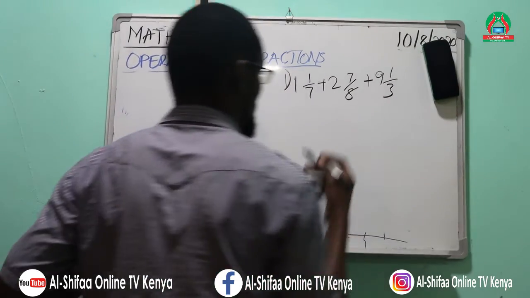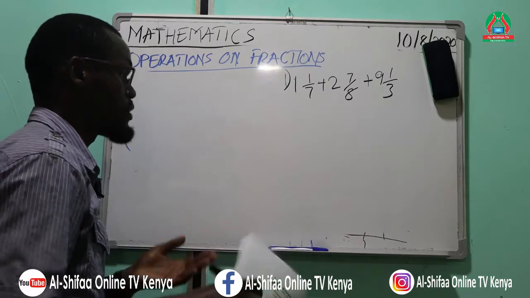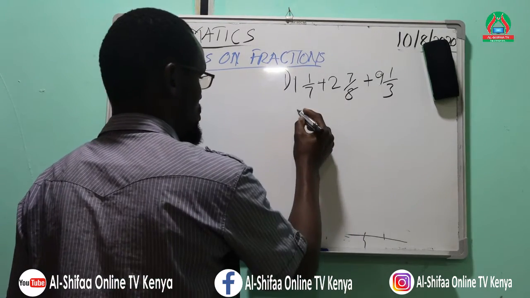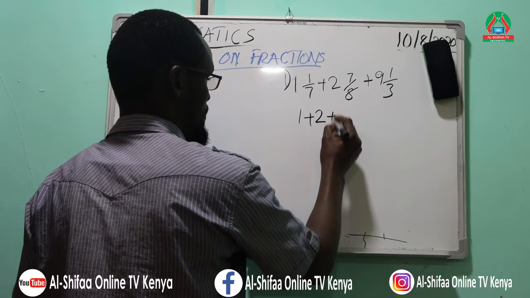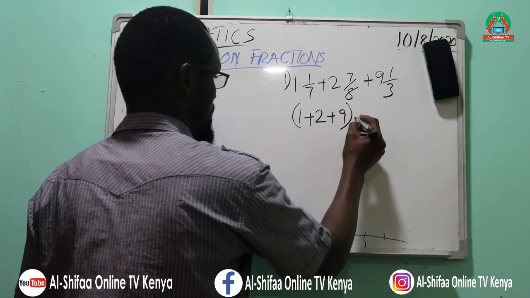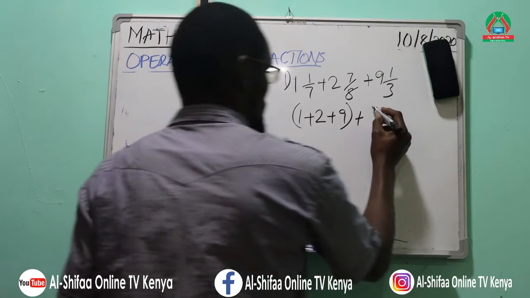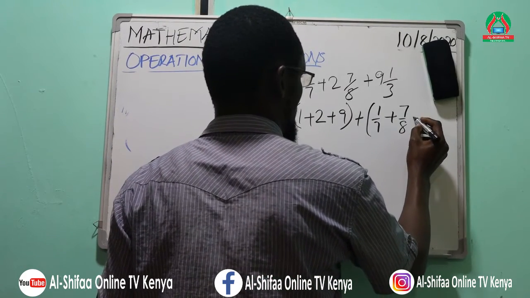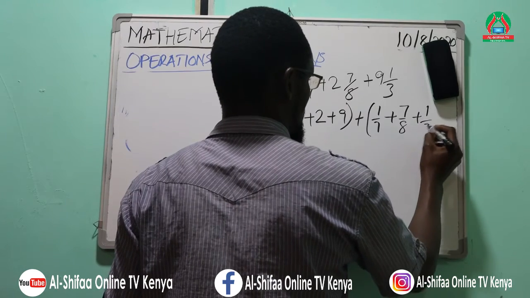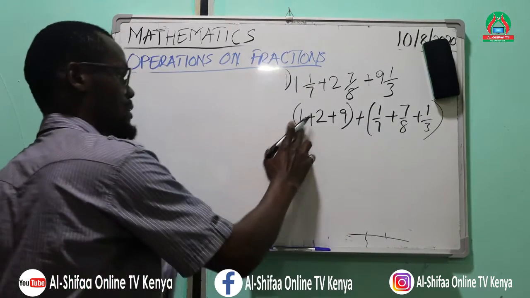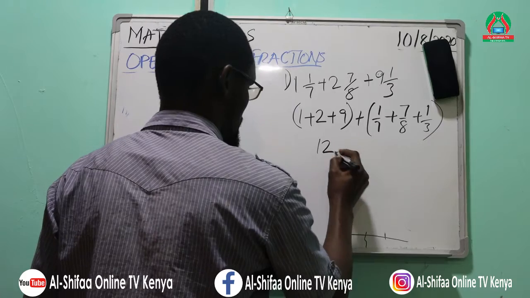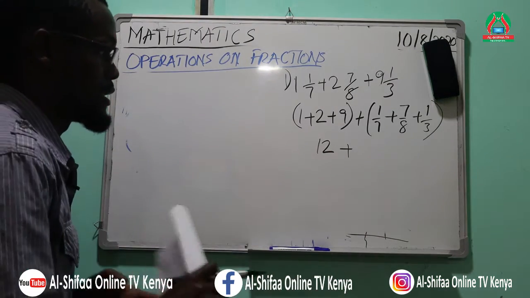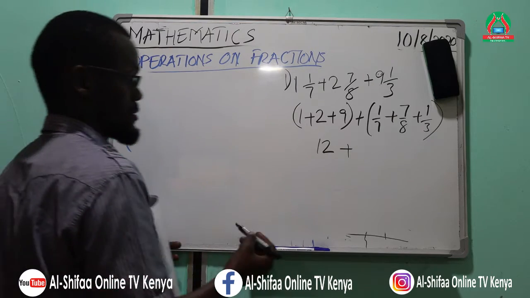So first of all, we know that we'll have to add the whole numbers, whereby we have 1, 2 and 9. So it will be 1 plus 2 plus 9 plus 1 over 7 plus 7 over 8 plus 1 over 3. So here we'll get 12 plus, we find the LCM of 7, 8 and 3.